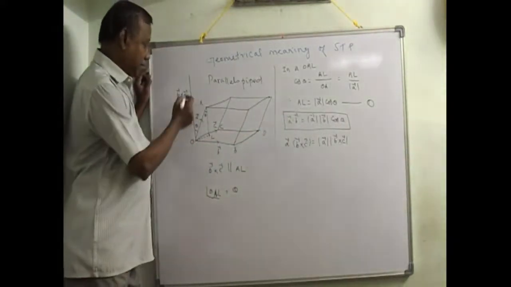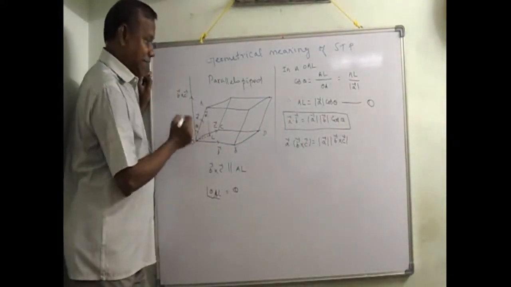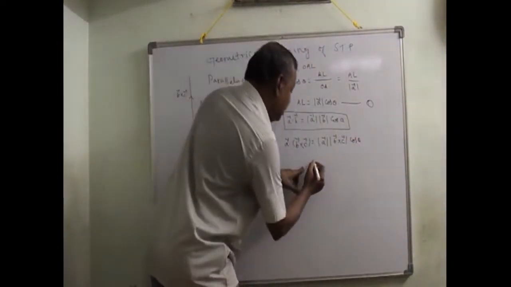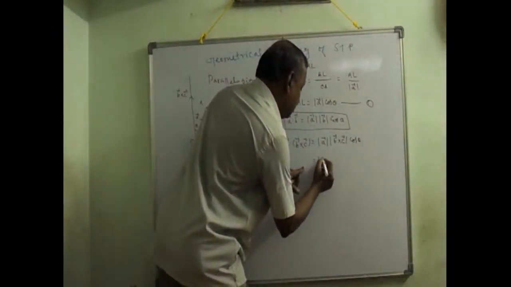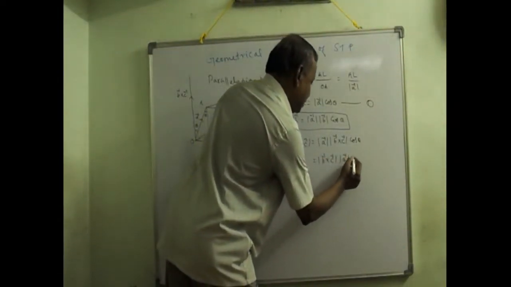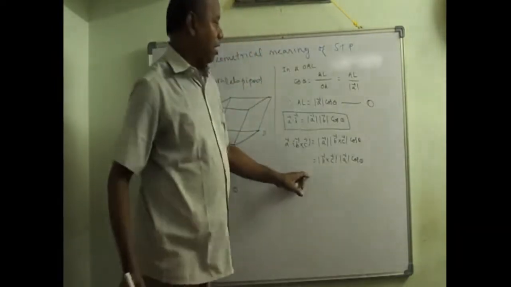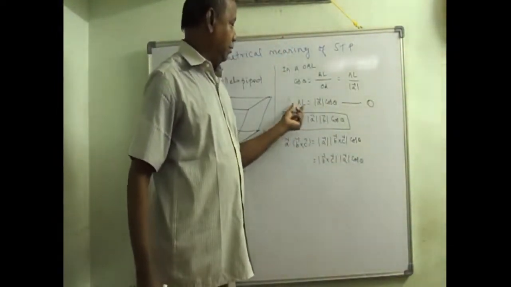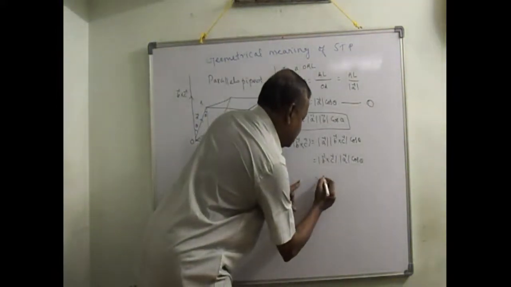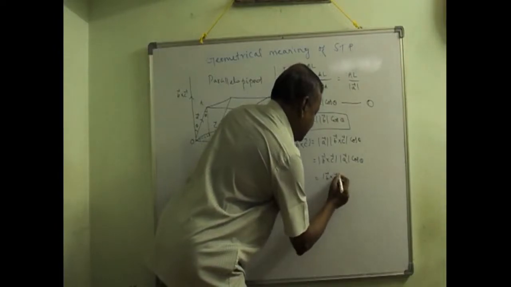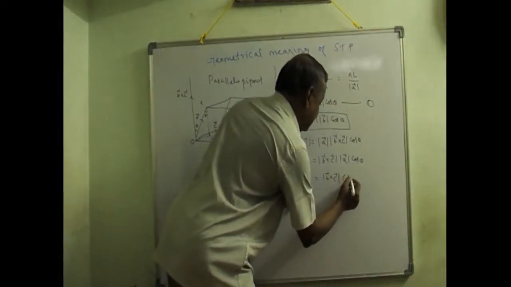The angle between B cross C and A is theta. Therefore it is cos theta, which can be written as modulus of B cross C into modulus of A into cos theta. According to equation 1, modulus of A into cos theta equals AL. That is equal to modulus of B vector cross C vector into AL.